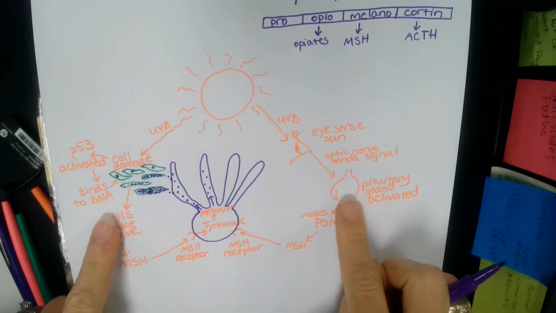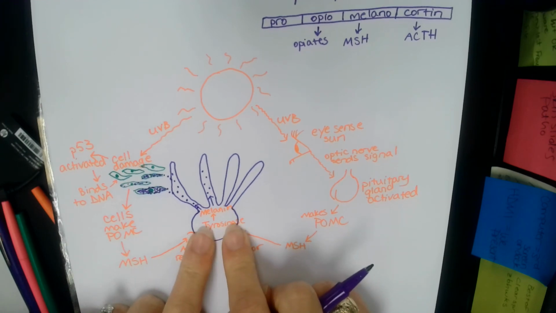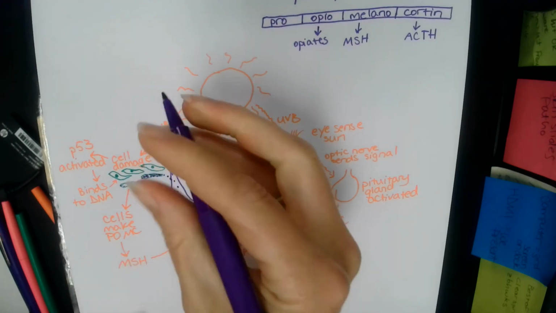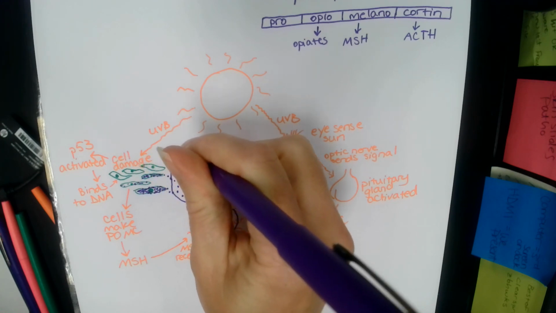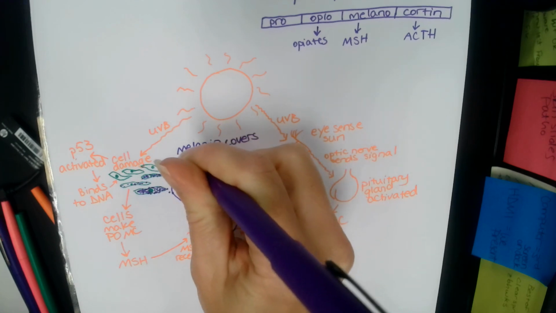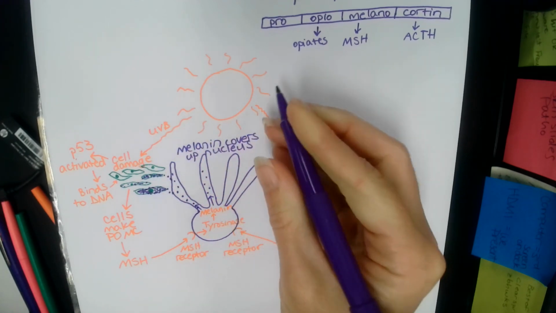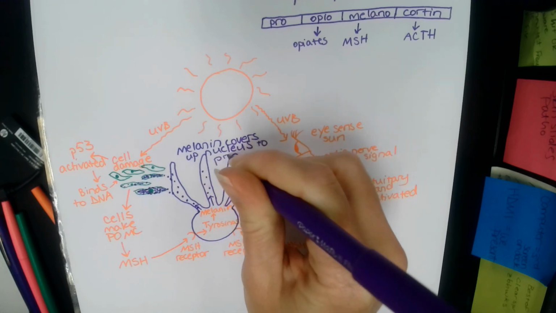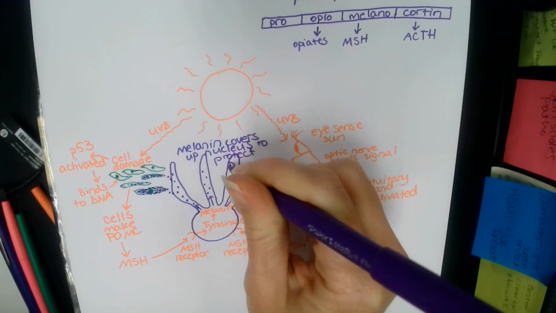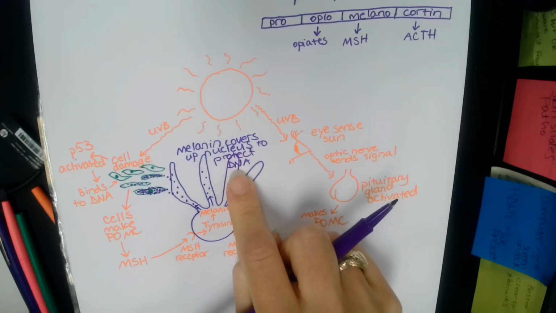Both of these ways cause MSH to be produced. It stimulates the melanocyte to make melanin, and the melanin covers up or cloaks the nucleus to protect the DNA from the UVB rays, so they don't get a mutation.